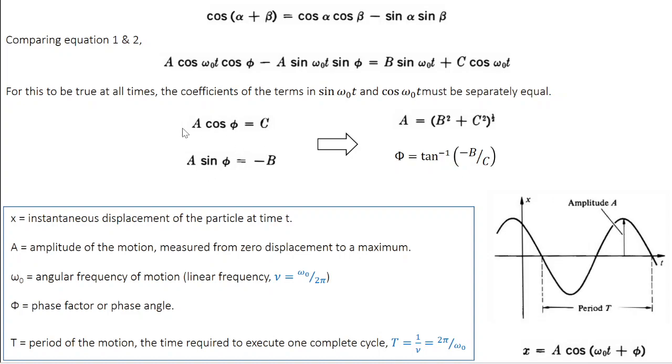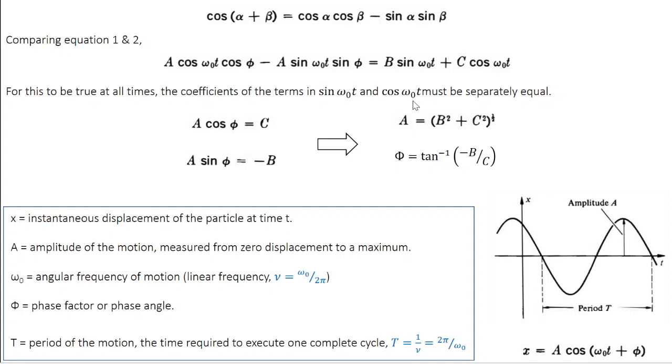So b square plus c square equal to a square, or a equal to square root of b square plus c square. Similarly, when you divide the second equation by the first equation, you get tan phi equal to minus b by c, or the phase constant phi equal to tan inverse of minus b by c. So this is how you equate these two solutions.